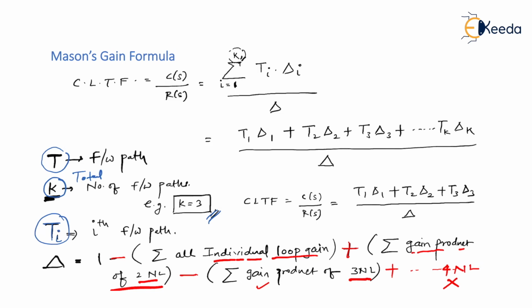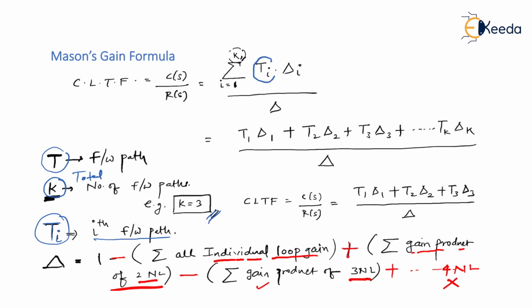It is not the number of forward paths, it indicates the ith forward path. T1 indicates the first forward path, T2 the second forward path, T3 the third forward path. So it is very important to understand each and every variable here, and that's the reason why I'm putting in a lot of time.